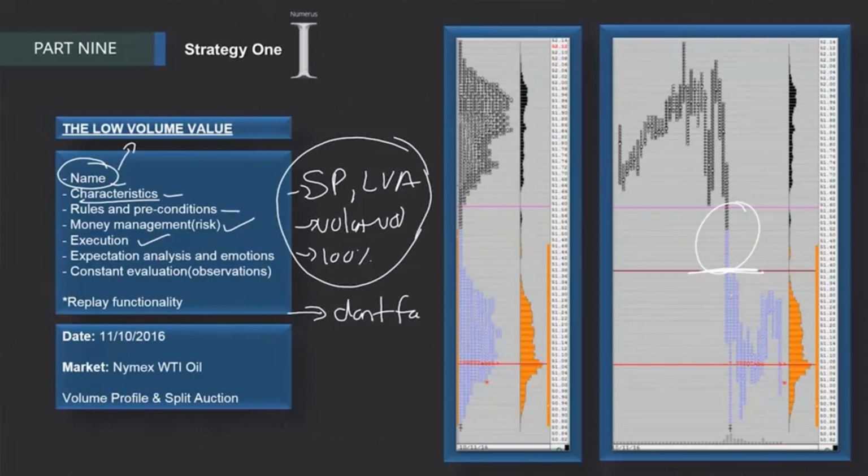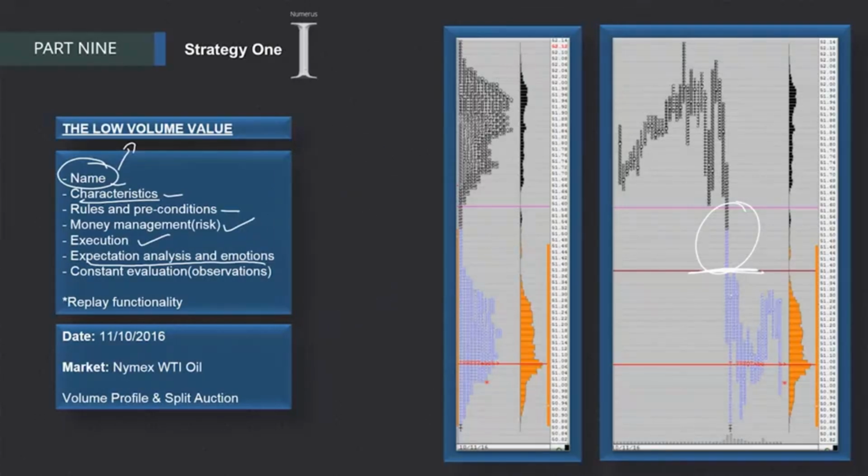Now, just in terms of some of the expectation analysis and emotions, I won't spend too much time on this, as emotional analysis is very important, but I will give you a little example of something that I would spend time with. For me, by understanding that if I enter too short in this example, maybe somewhere around here, I do have the potential to head offside, or maybe the market goes slightly against me.